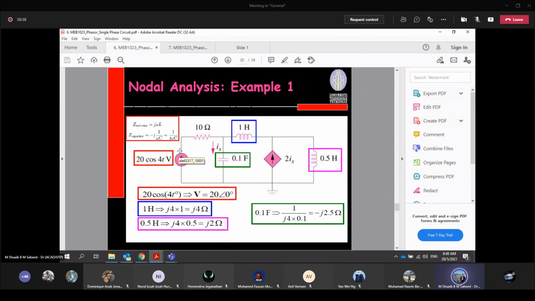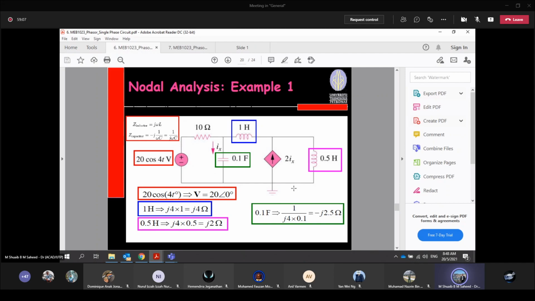What you should do is try to represent all of this in the phasor domain. So for your power source, it will be V equals 20 phase angle 0. Second, after you have done all of that, change the inductor and the capacitor to reactance values. They should be in ohms.